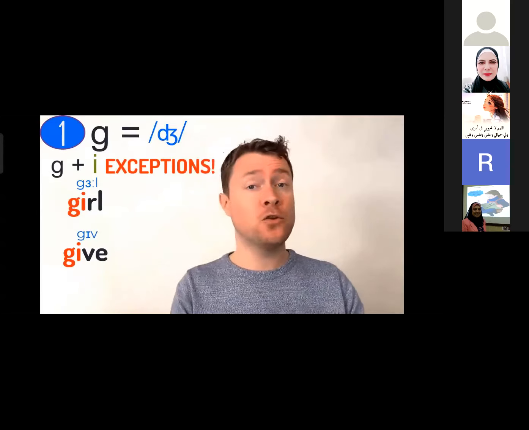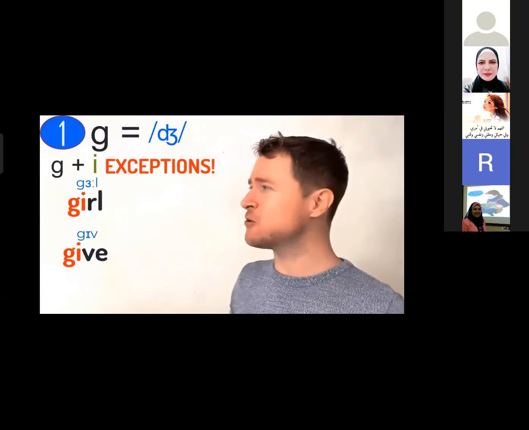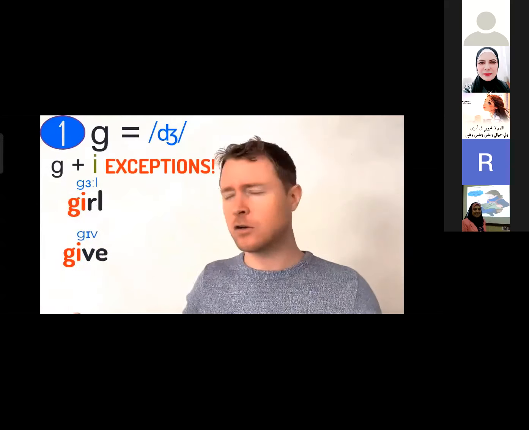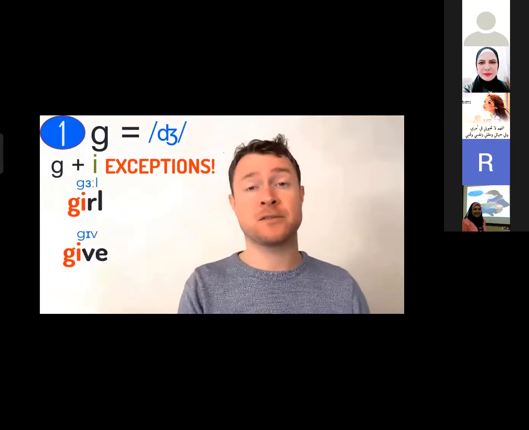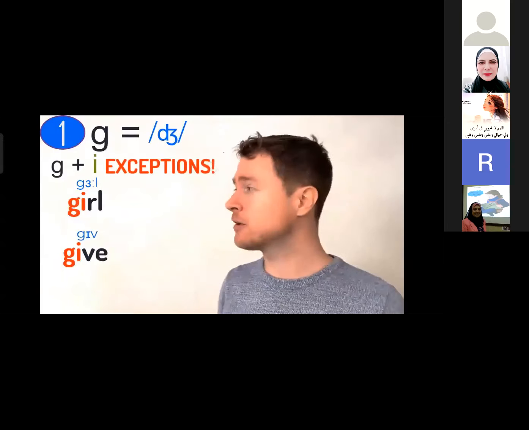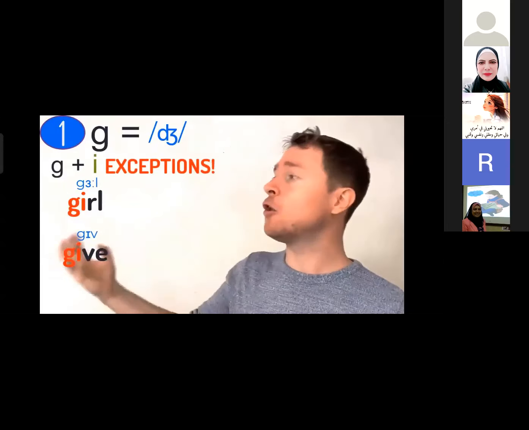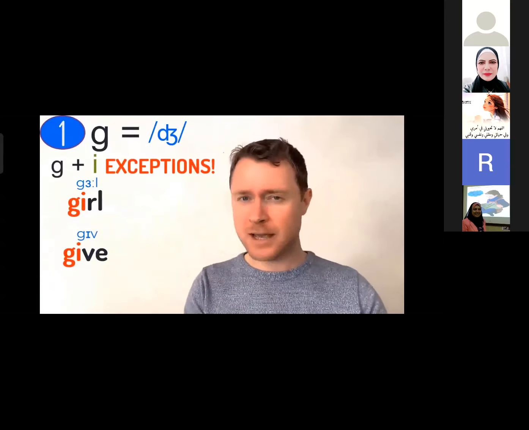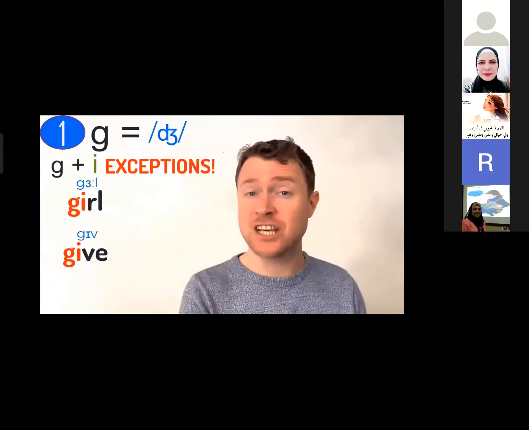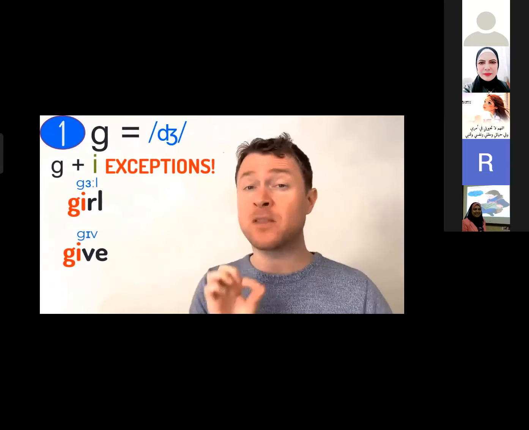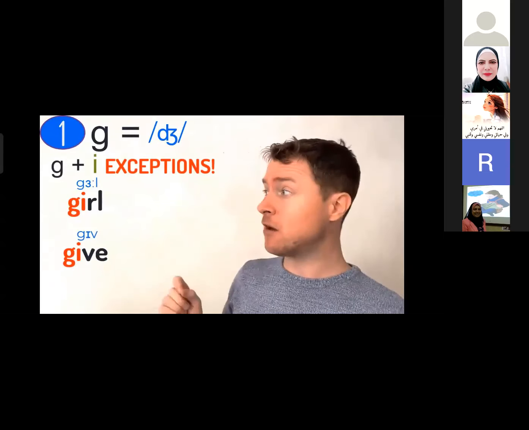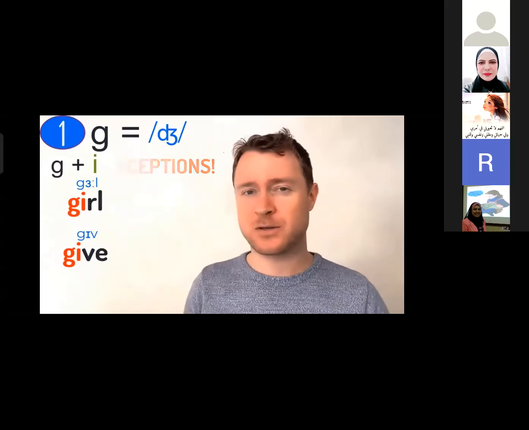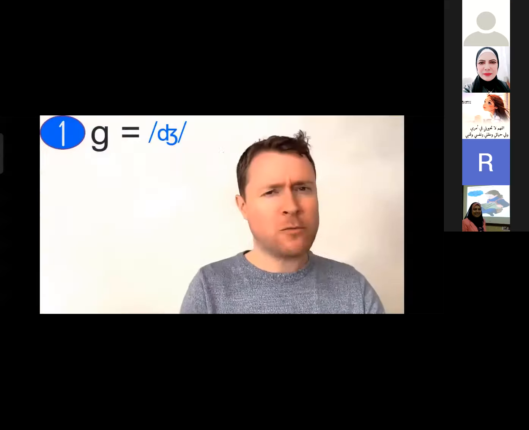The normal and usual rule is that when you see G and I together, especially in longer words, it will often be pronounced J, okay? Strategic, logic, gin. So make sure that you practice the J sound, but also remember that some words, especially very common words like girl and give, are exceptions to this rule.